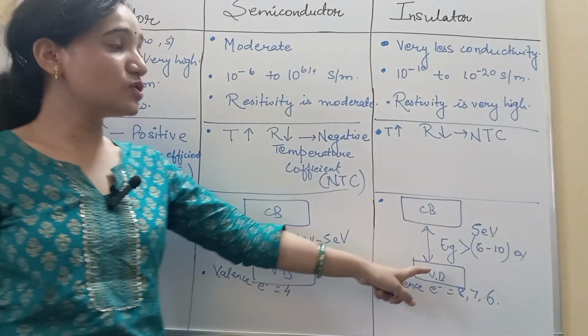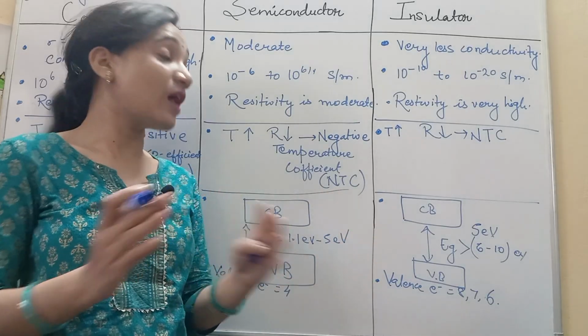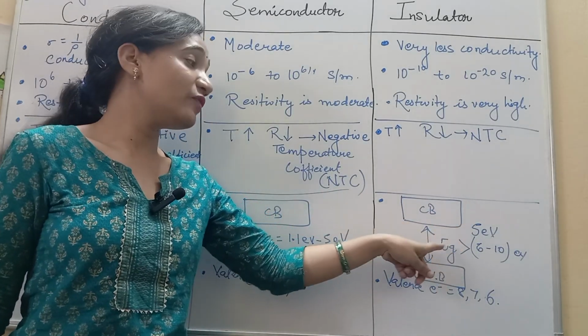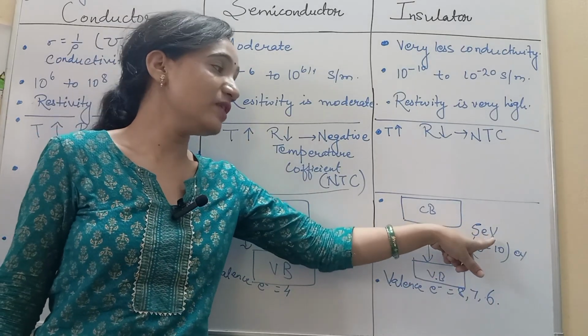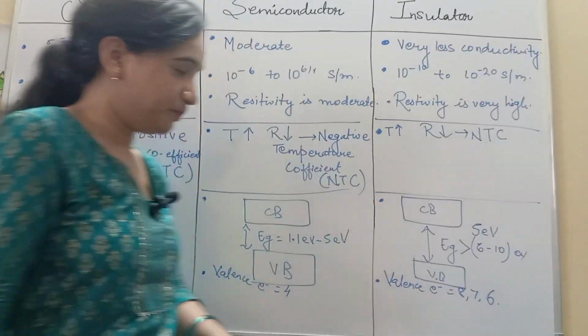In the case of an insulator, the conduction band and the valence band are highly separated, far apart, with an energy gap greater than 5 eV, or you can say between 6 and 10 eV.